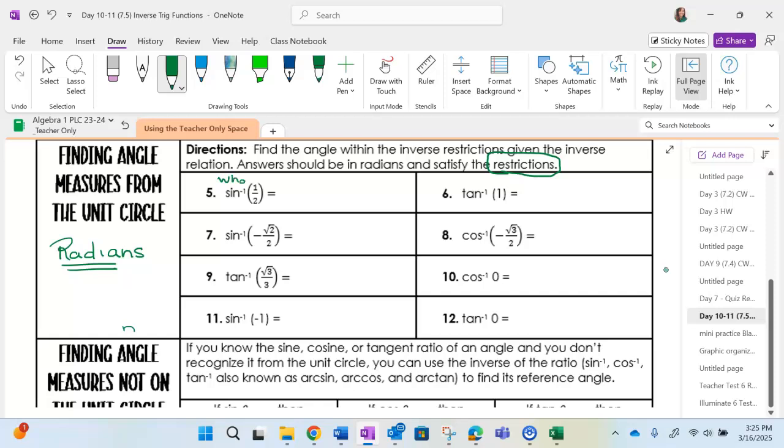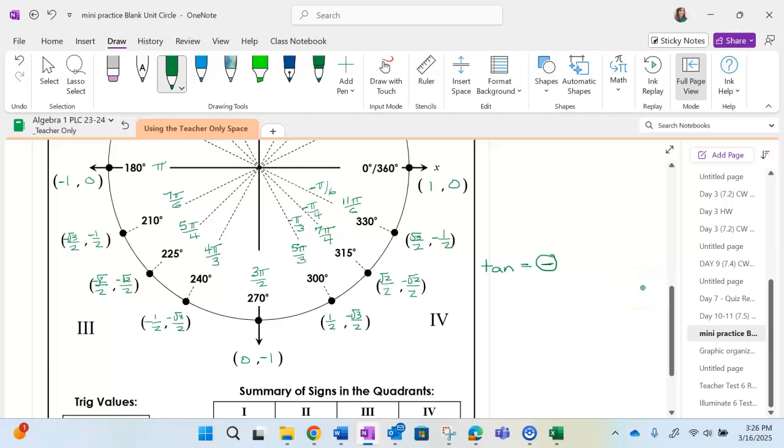What angle, I'm going to write it up here first. What angle has a sine of 1/2? That's what it says, positive 1/2. So I'm going to go to my unit circle and I'm going to look.